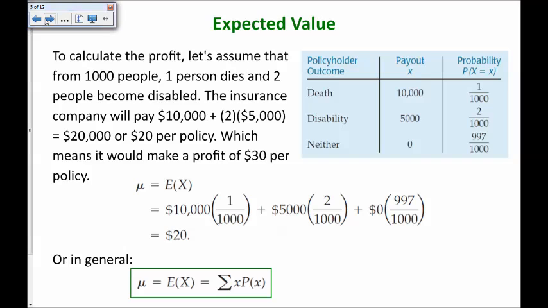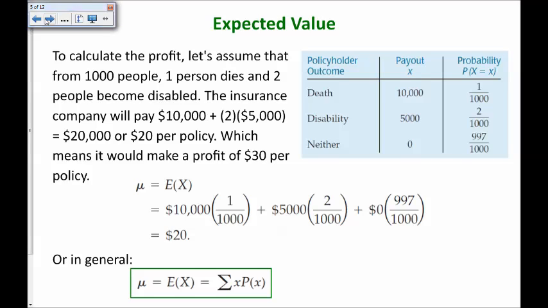Let's look at the expected value, which is a huge concept, a very important concept in this class. To calculate the profit for the company, let's assume for 1,000 people that what we thought would happen, that one person dies and 2 people become disabled. The insurance company would have to pay out $10,000 for the person who died and $5,000 to each person who becomes permanently disabled.